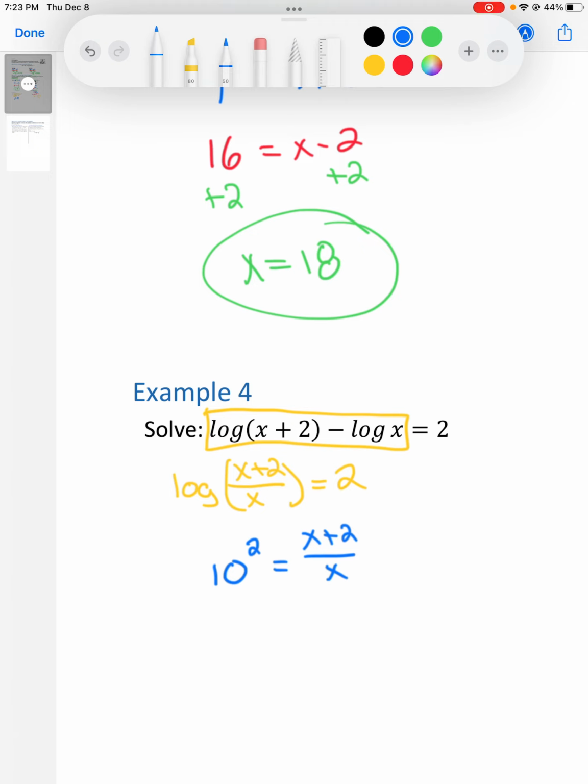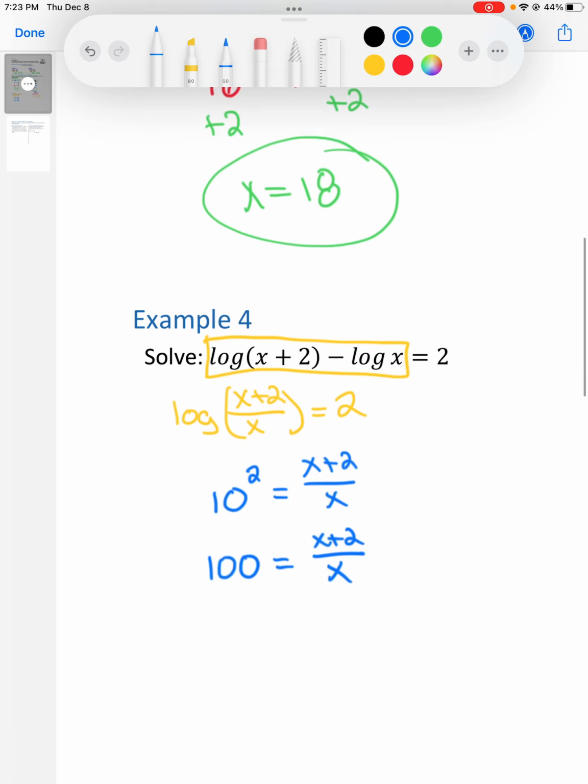So 10 squared. Okay, 100 equals x plus 2 over x. Right, 10 squared is 100.